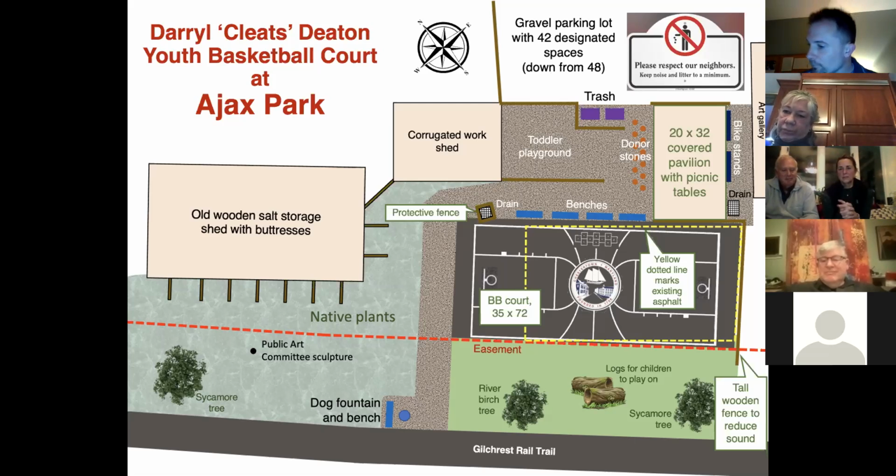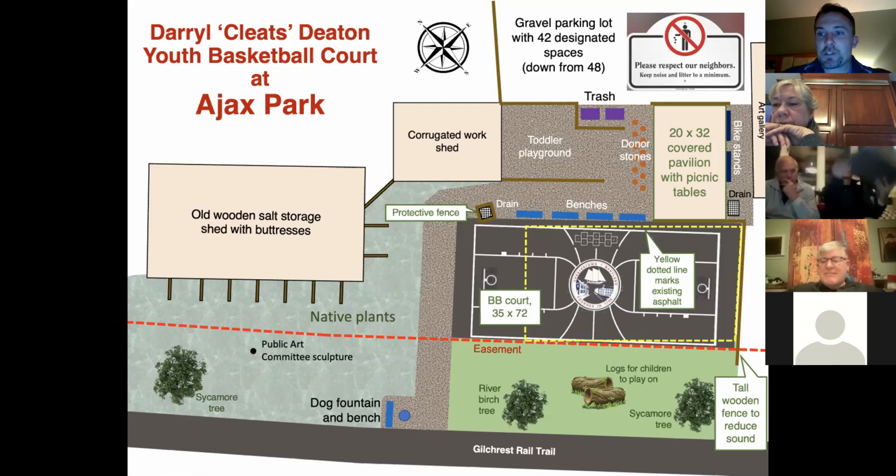Jim, I know this has incorporated some of the neighbors' prior concerns. Can you give us, as your action item from this meeting, let's call this your Plan A. Can you give us a Plan B that takes out the easement portion?